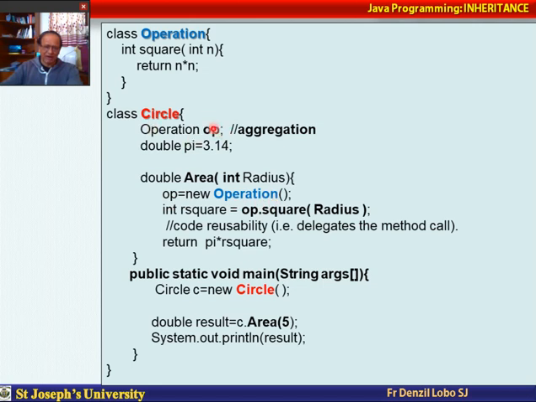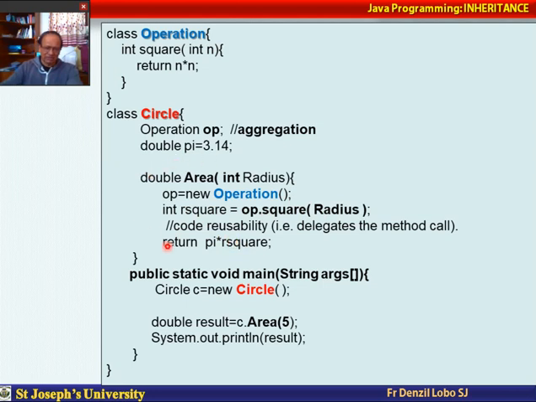So I have declared a reference here, and I then instantiate by using OP is equal to new operation. Then in this method, I say OP square. I use the square method of the operation OP and pass radius to that. It finds the square, and it finds pi r square, that is the area of a circle.